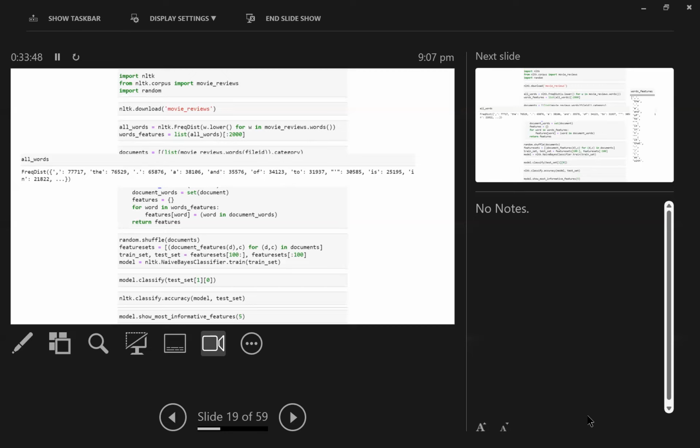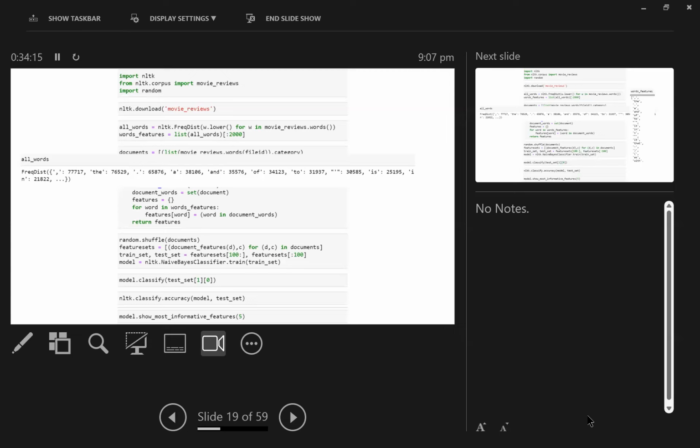After this step, we have worked out all the data of the documents in the movie reviews, and then we do the frequency counting. We find that out of these reviews, the comma is the most frequently appearing token in all these documents.